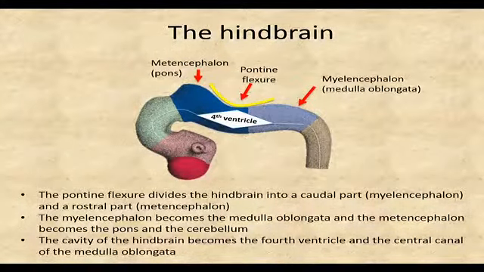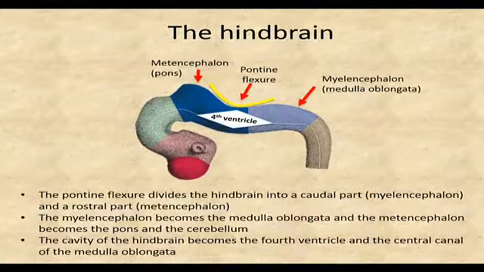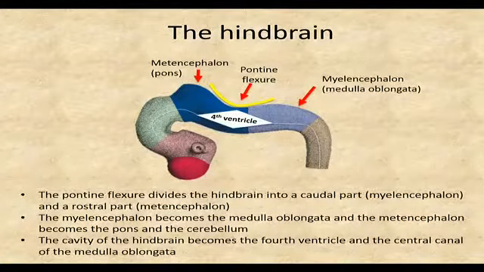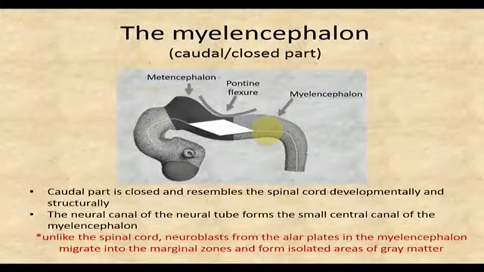You have an open part that surrounds the fourth ventricle, and a closed part, which is the part of the medulla that is before the ventricular system flares into the fourth ventricle, or after, depending on whether you're ascending or descending in the brain stem.